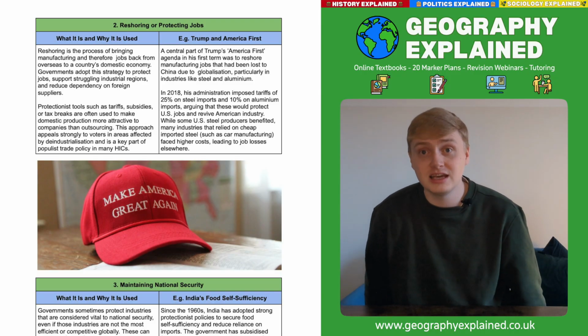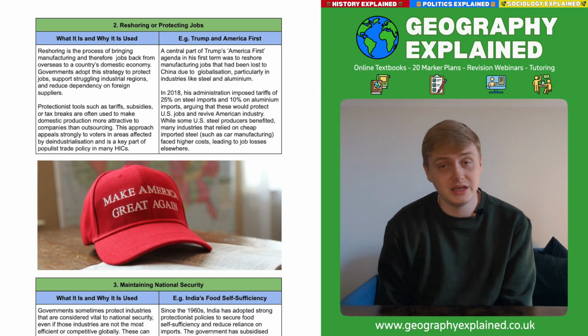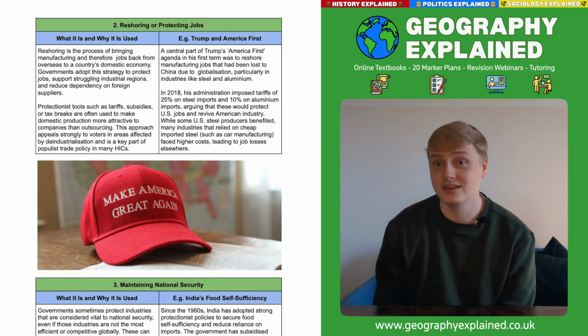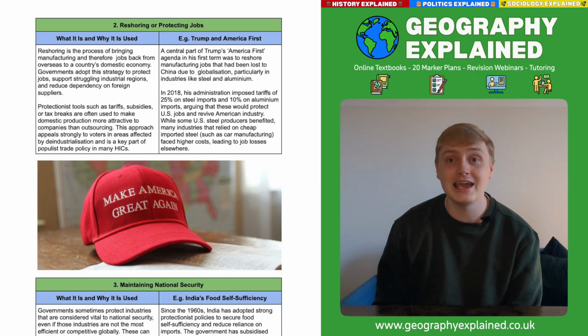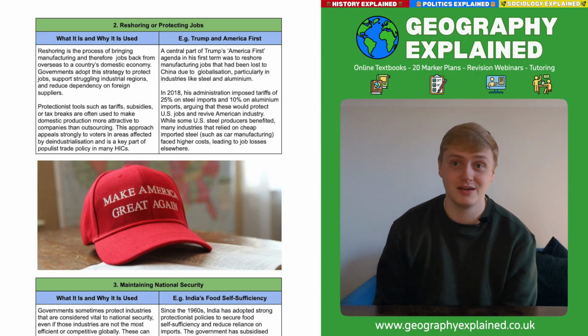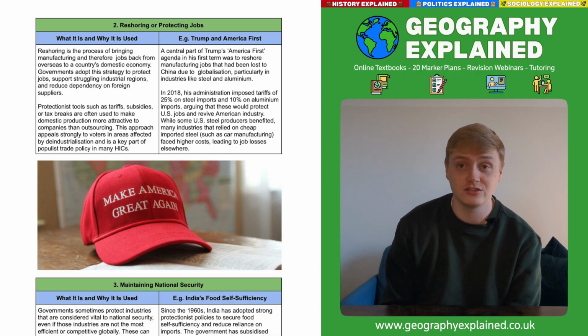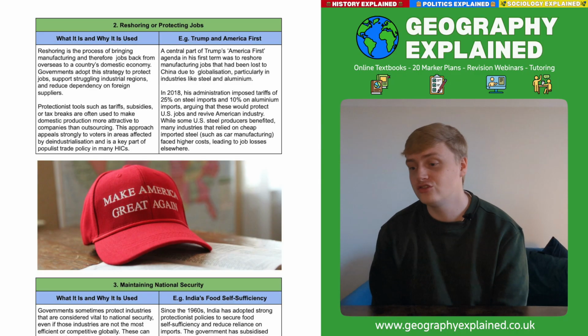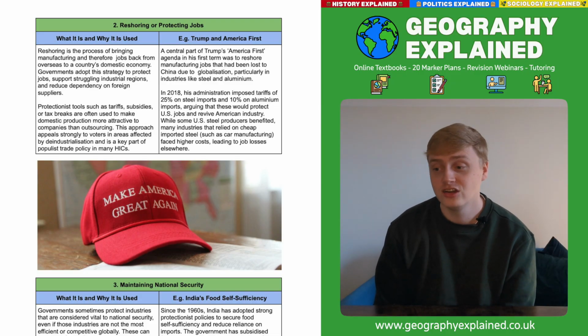And effectively this is the idea that if another country is competing in an industry and it's out-competing the United States because it might have cheaper labor, for example, that means that companies might often change their production away from the United States to go to another country where they can get cheaper labor.